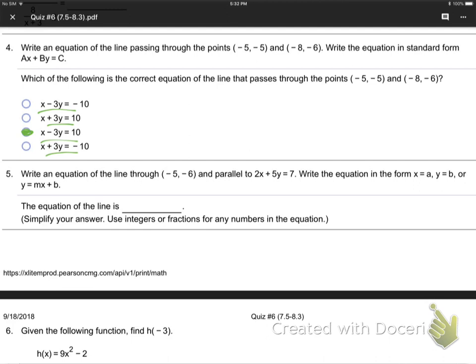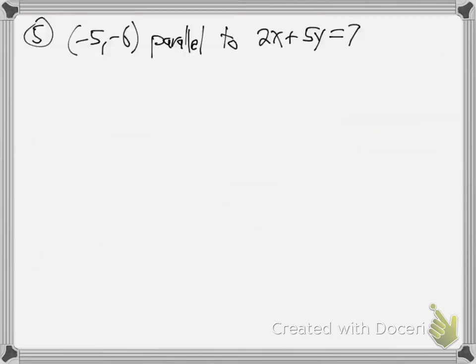All right. Okay, so here's the question. Again, it's find the equation. First thing is to find the slope. They're giving me a point, but I don't have a slope. How do you find the slope? Well, to find the slope, we're going to have to take this equation, get y alone.